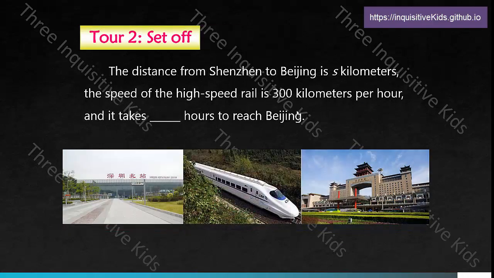Tour 2. Set off. The distance from Shenzhen to Beijing is S kilometers, and the speed of the high-speed rail is 300 kilometers per hour. So it takes blank hours to reach Beijing.